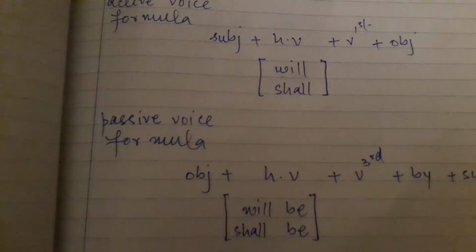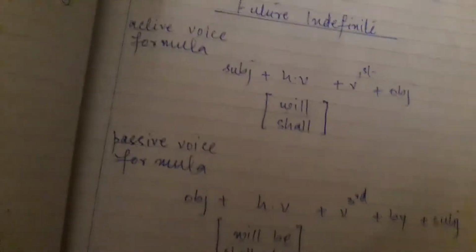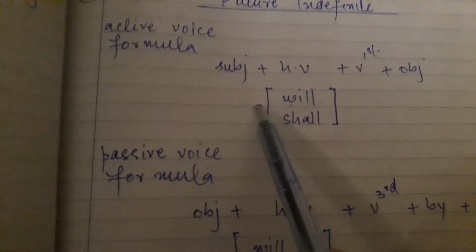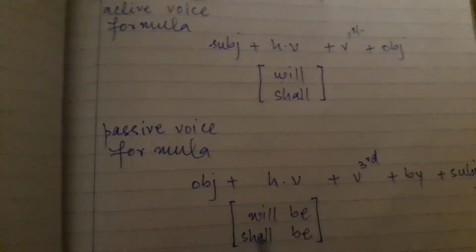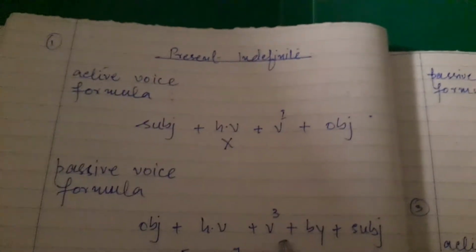Now in case of future indefinite, will and shall will be converted into will be and shall be in passive voice. This is all about the formulas of the three indefinite tenses.